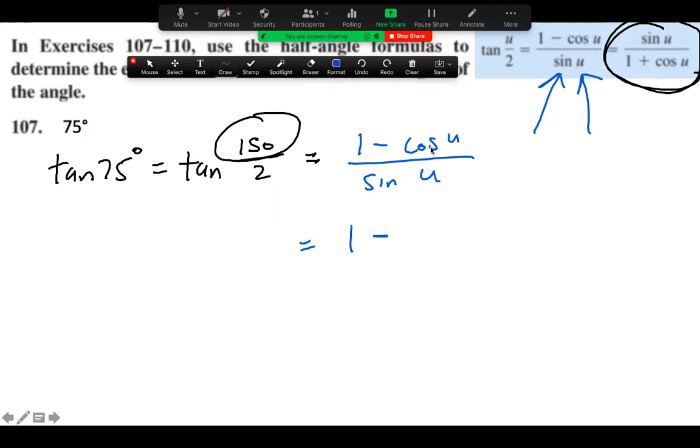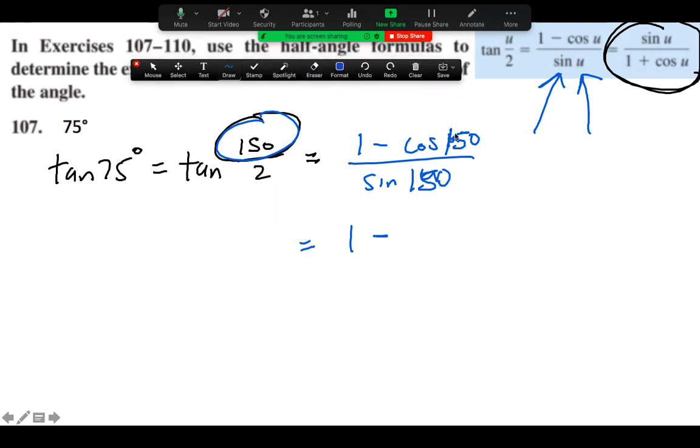So now check this out. 1 minus cosine, again, is the x coordinate, and we're dealing with 150 degrees, so I should have written 150. Oh, holy cow, it looks bad. All right, we're going to make that look a little bit better. 150.